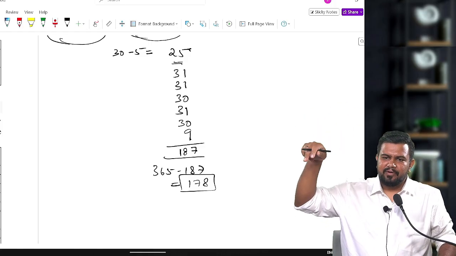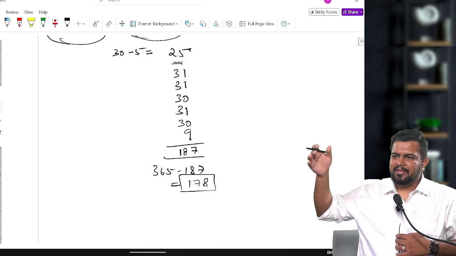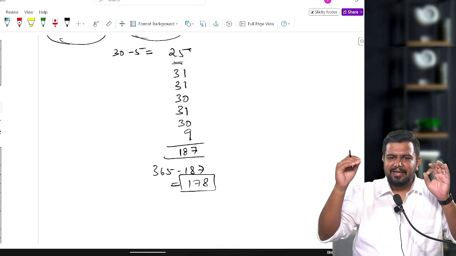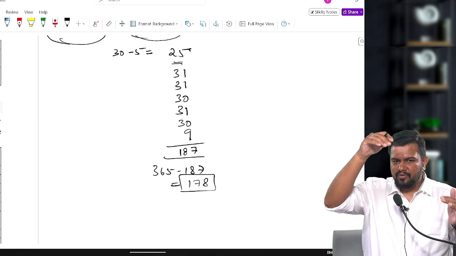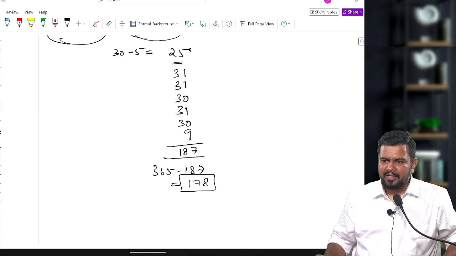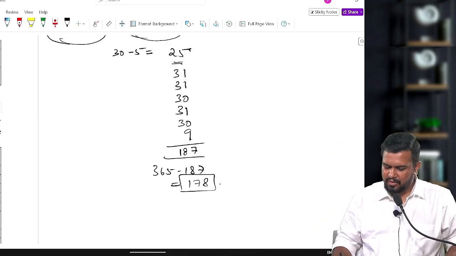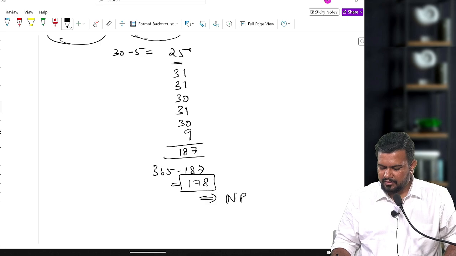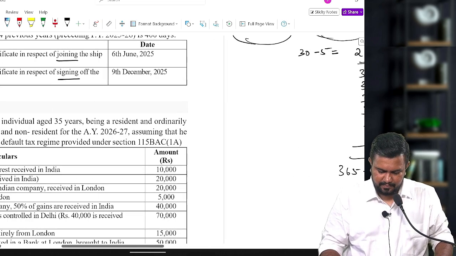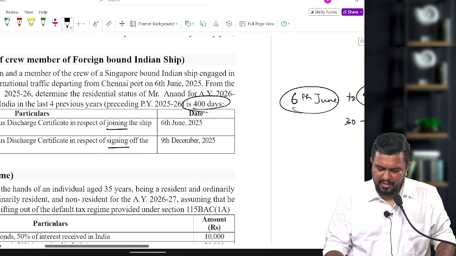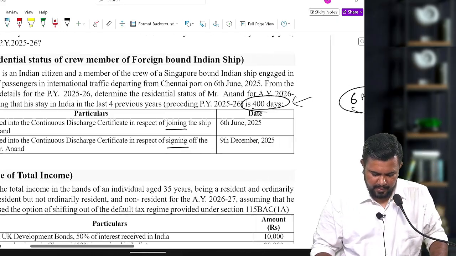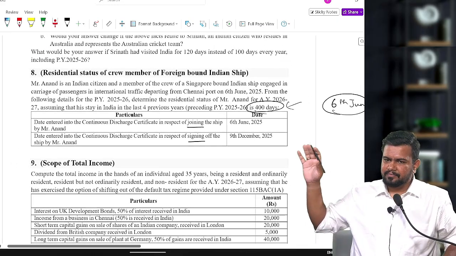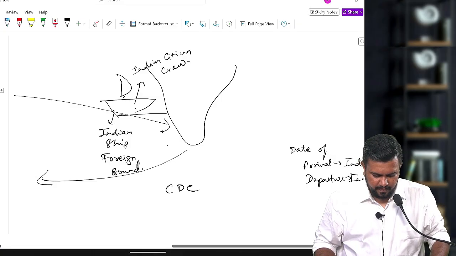Answer is yes, they will go inside the exception, because they are an Indian citizen, crew member of a ship which is leaving India. You need not see the second condition also. That is why this person will be called non-resident. So the 400 is only to confuse you. Okay, got it? Shall we move on?